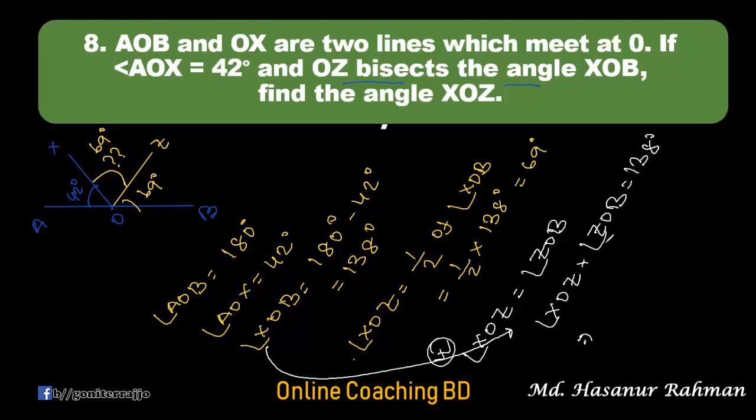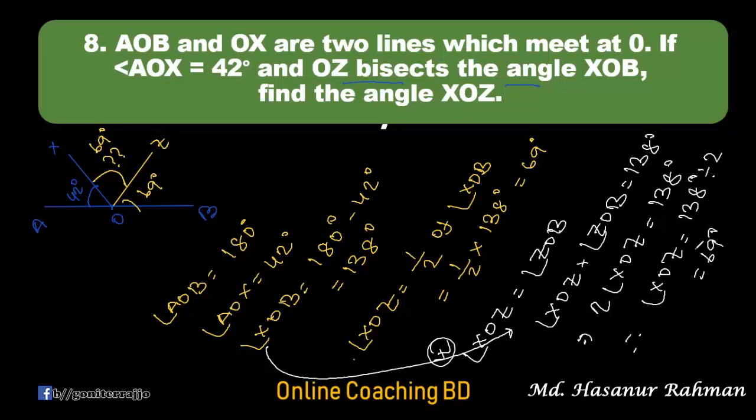So since both are the same thing, we can say 2 of angle XOZ equals 138 degree. If we divide both parts by 2, we'll get 138 degree divided by 2, that is 69 degree. And this is the answer of number 8. So we can solve it in that way or that way.